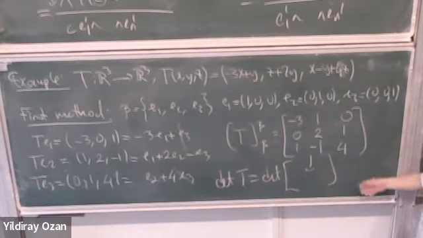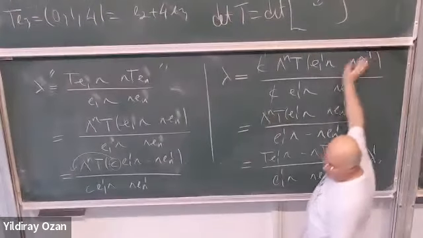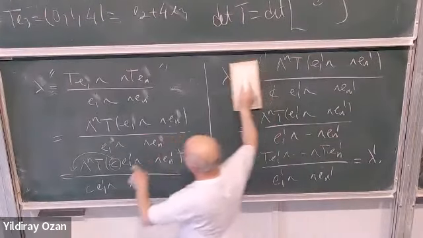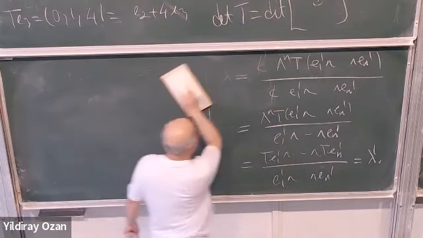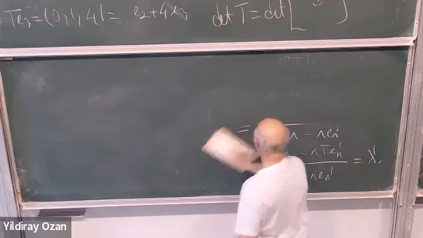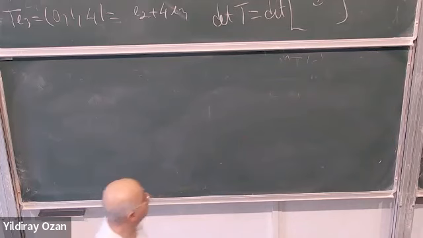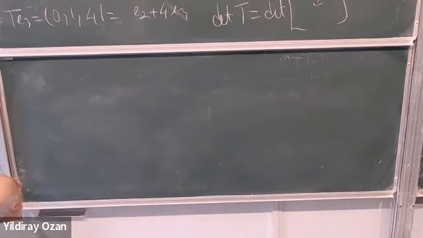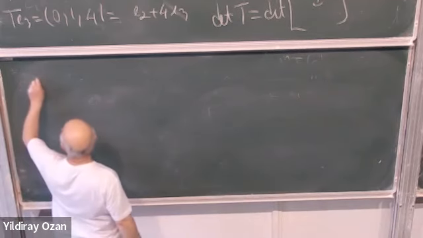Bunu da hesaplamayı biliyorsunuz. This is one way. The other way is the following. We can use our more conceptual definition of determinant using exterior products. Okay, so let's just look at this.